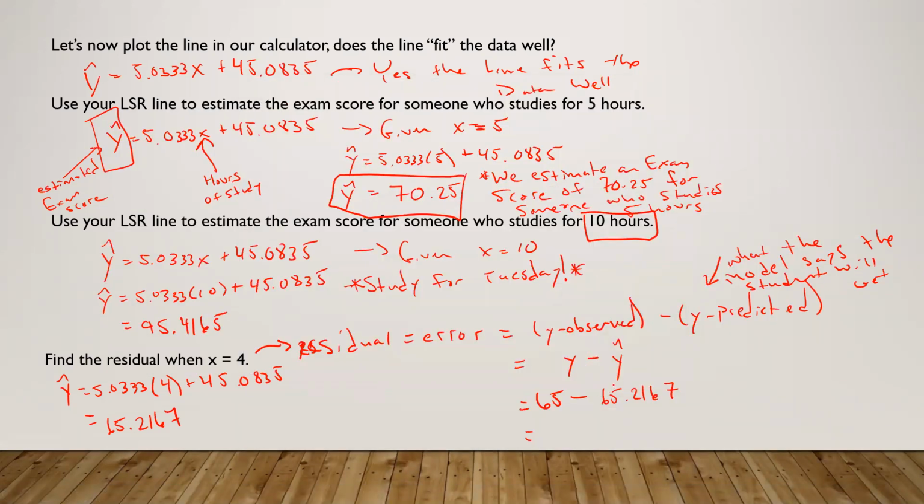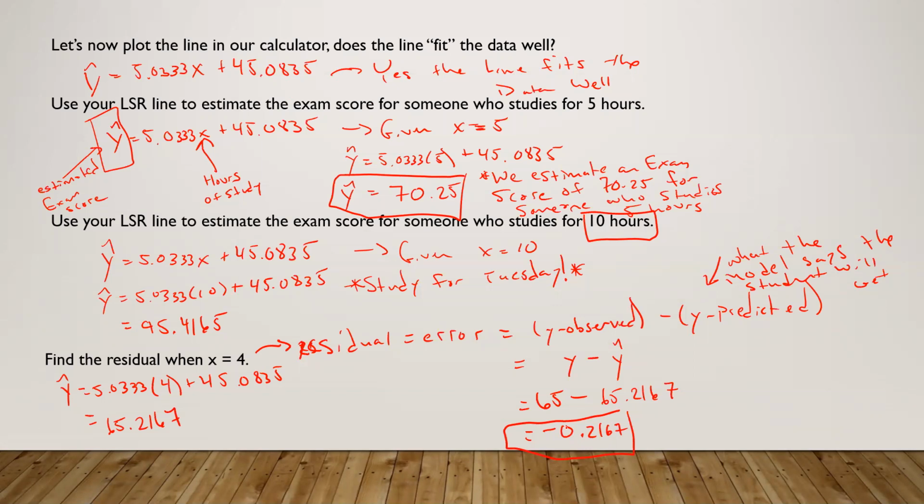Now you just figure out the subtraction here, and you end up getting minus 0.2167. And that's the error. So the model was off a little bit. The actual student who studied 4 hours got a 65, but the model said the student would get a 65.2167. So it was just a little error.